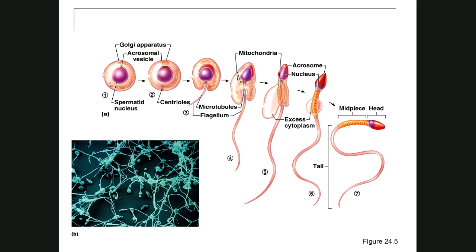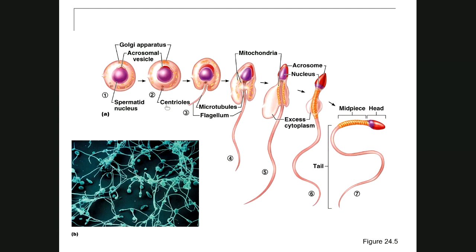Spermiogenesis. We have one spermatid. Our spermatid has a nucleus. It contains cytoplasm, and the cell is round. In the first step of spermiogenesis, we have multiplication of centrioles and migration of centrioles into one pole of the cell.